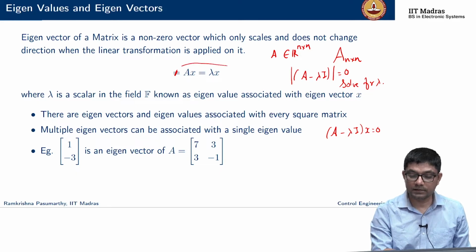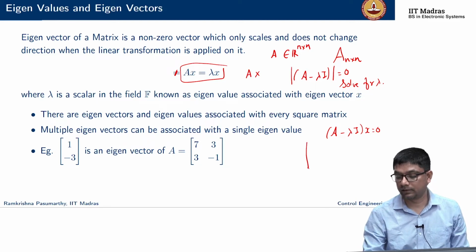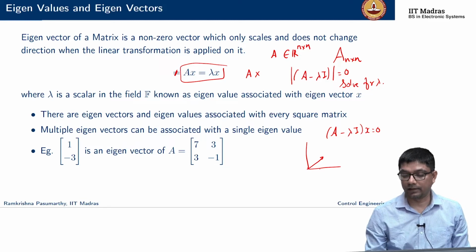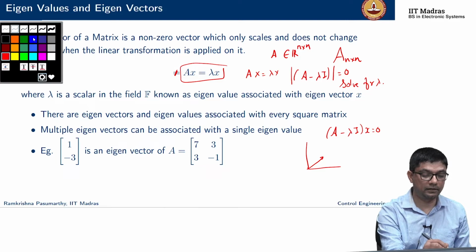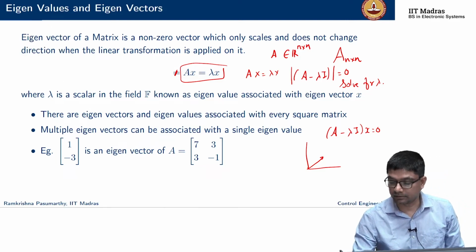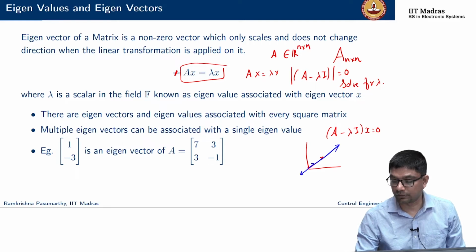Geometrically, what it means is that x is a vector, and when I multiply it with A, I get some scalar times x, which means the resultant can be here, it can also be here, it can be a shorter one also.